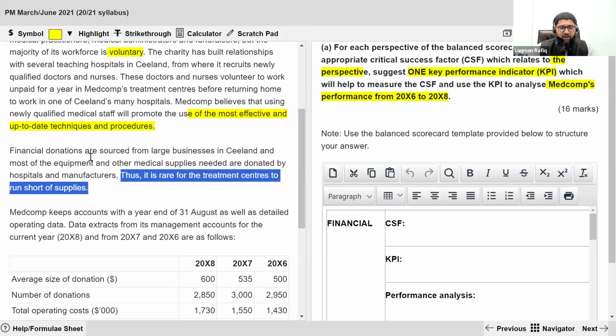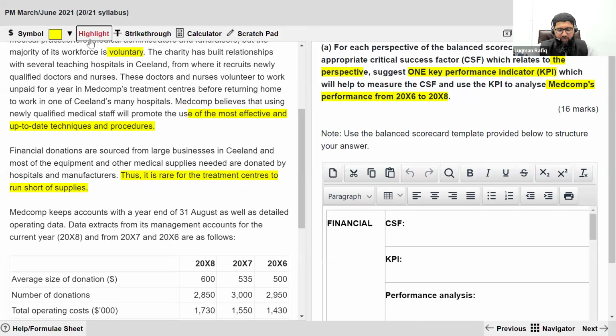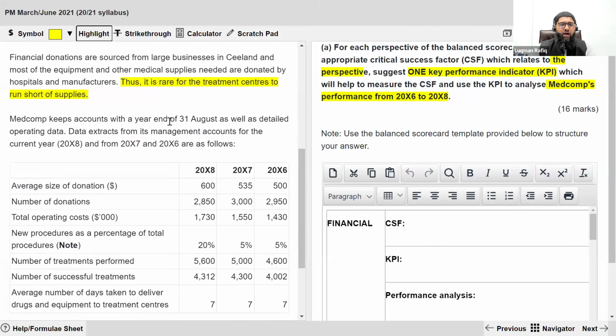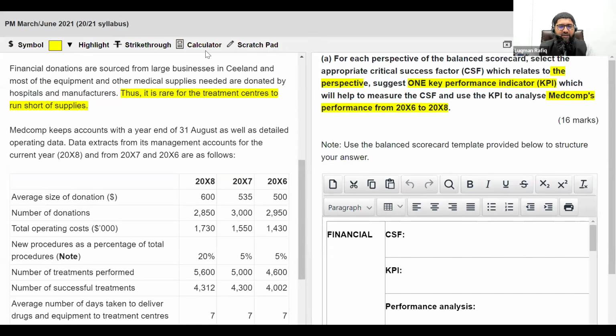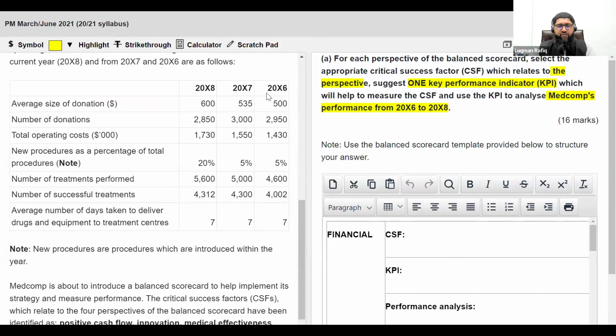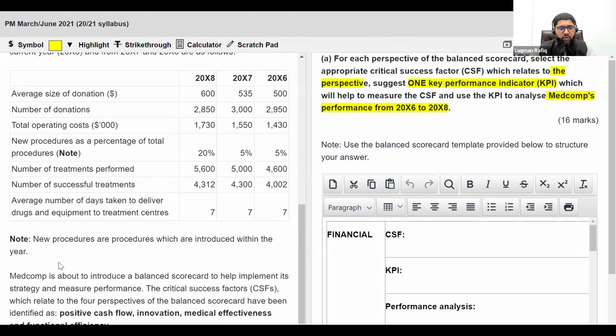Next, Medcom keeps accounts with a year end of 31st August as well as detailed operating data. Data extracts from its management accounts for the current year of 2008, 2007, and 2006 are as follows: the average size of donation, number of donations, total operating costs, new procedures as a percentage of total, and so on.